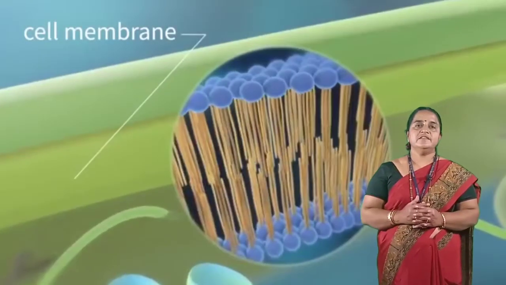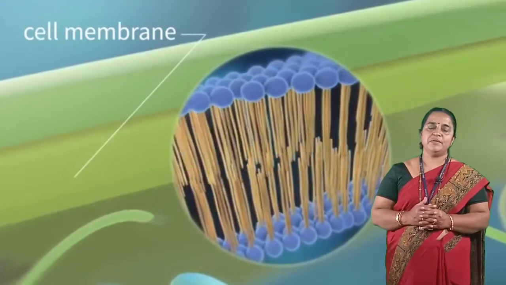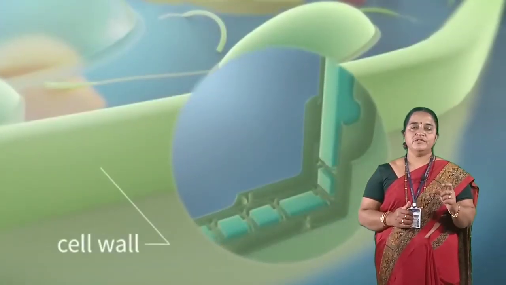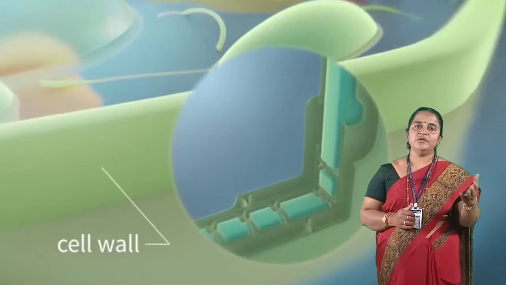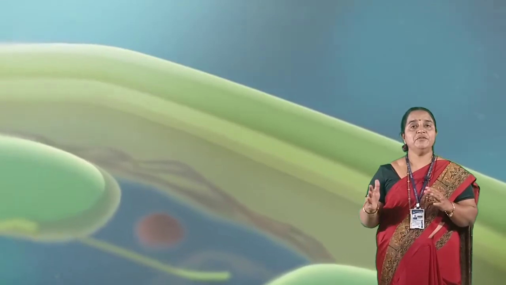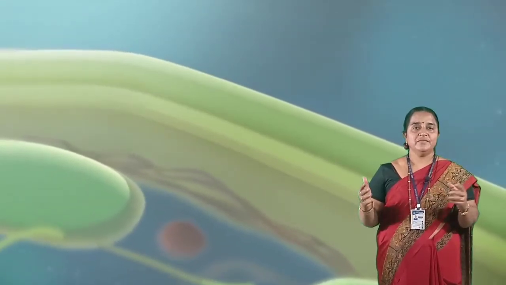Coming inside, there is a cell membrane, plasma membrane or plasmalemma. It is composed of phospholipids, proteins and oligosaccharides. It is said to be semi-permeable in nature, allowing only a few components to pass through, while the cell wall is said to be a fully permeable layer.